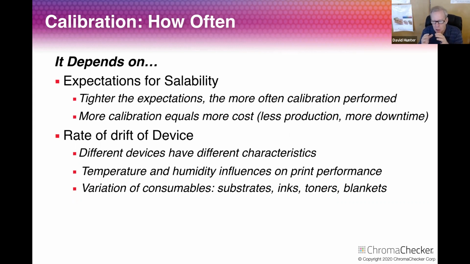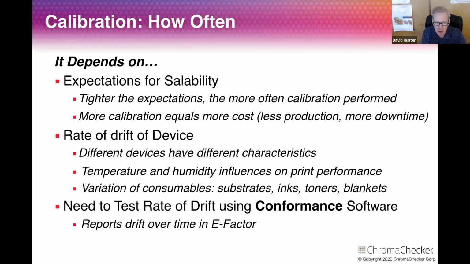So this is where you need to baseline your devices and understand what the repeatability is of these devices over time, so that you can define how often you need to recalibrate the device to bring it back to a known and reproducible condition. And this is where you use conformance software.